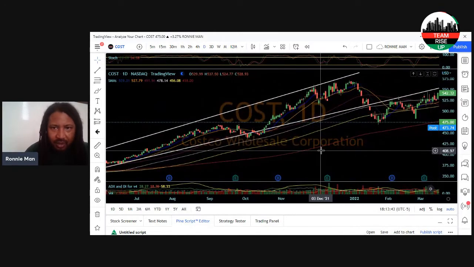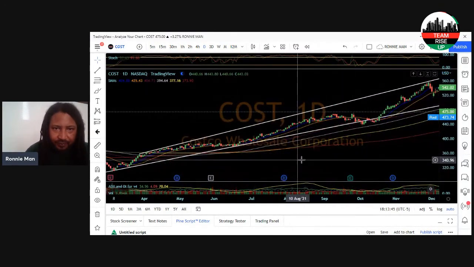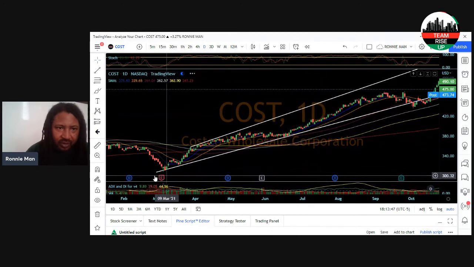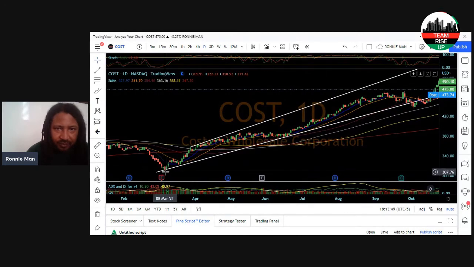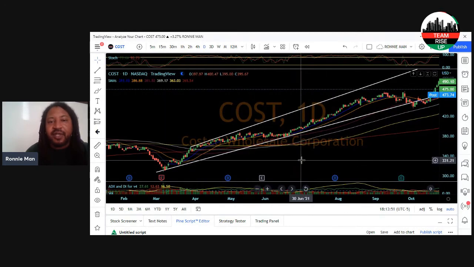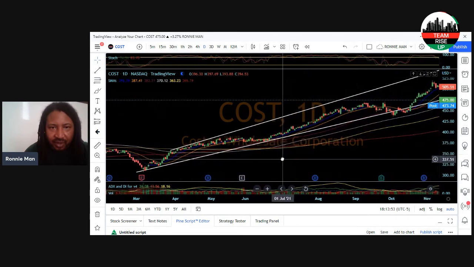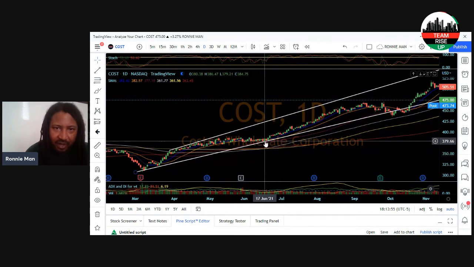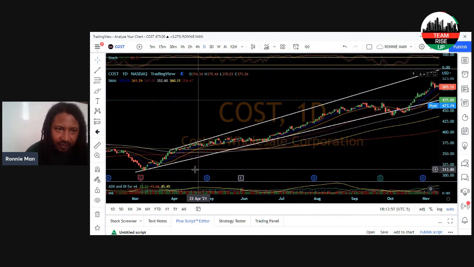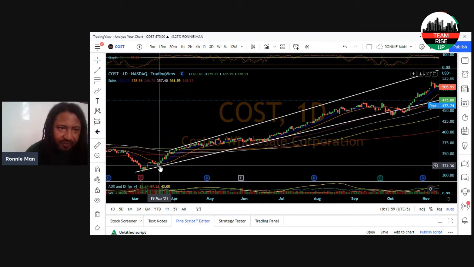Again, all I did was start from a low, from one of the lowest of lows, and then I put it right here. Or you could theoretically say that this was the first touch, right? But I put it here.